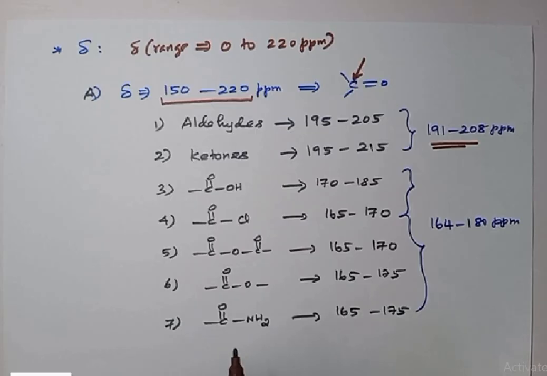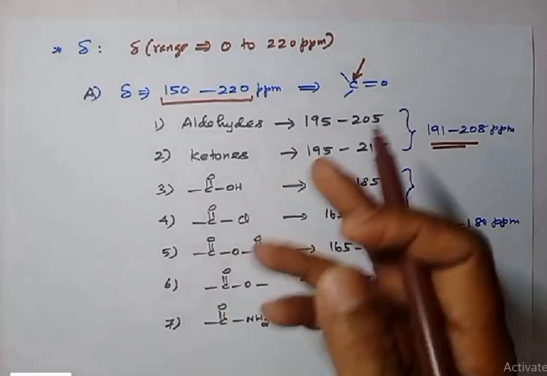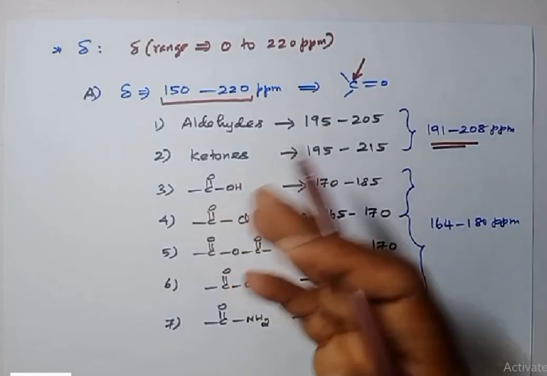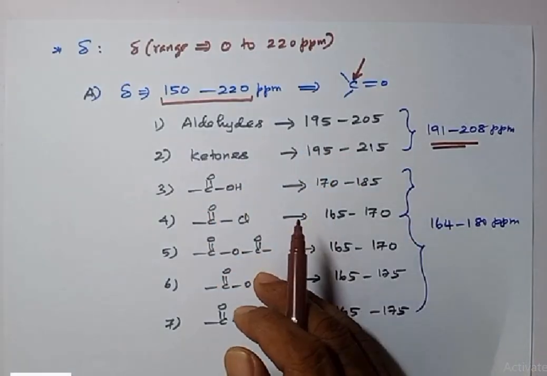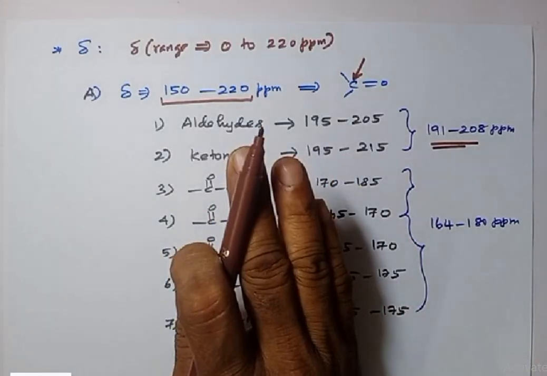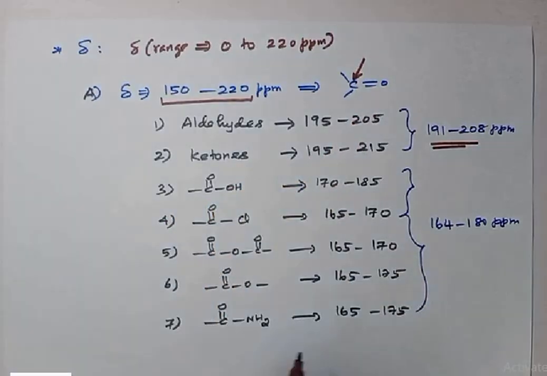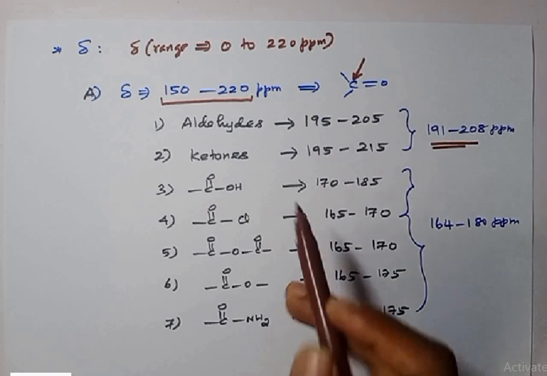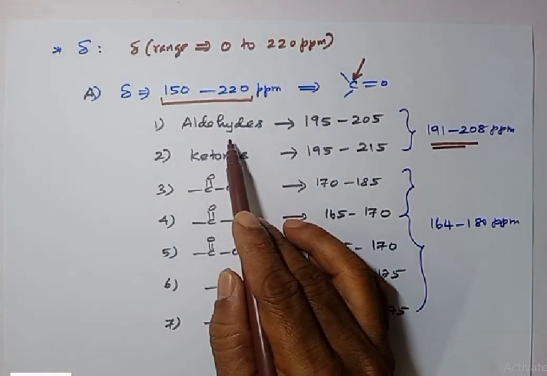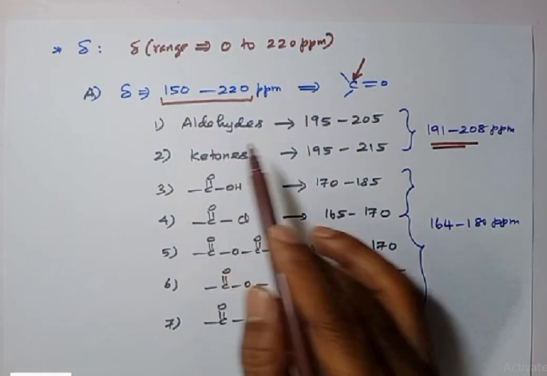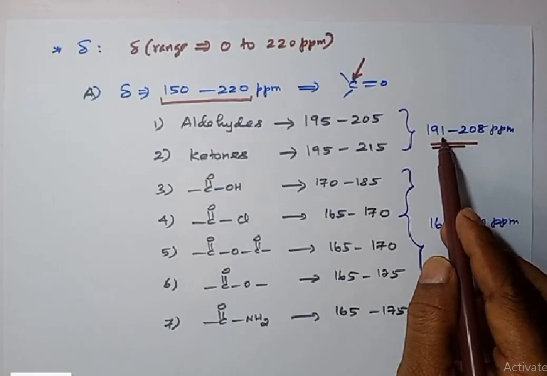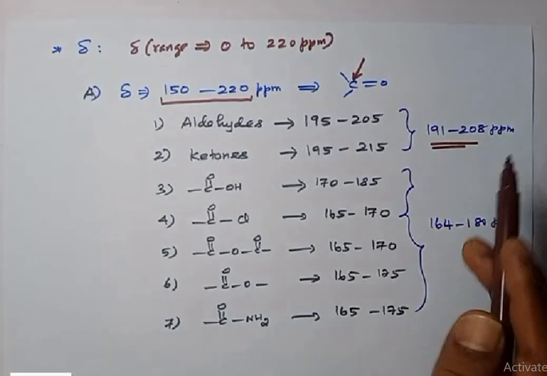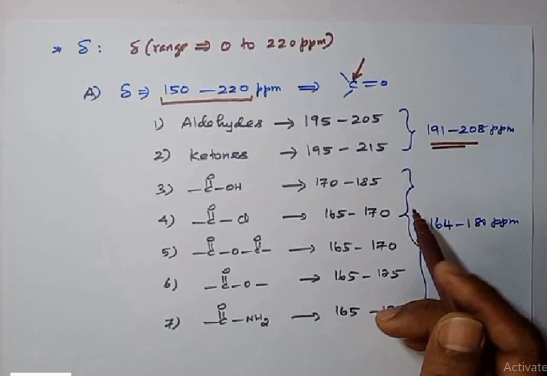Anyway, we'll discuss broadband decoupling and off-resonance decoupling as we go along. I'm just giving you the C13 NMR spectrum point of view. So for aldehydes and ketones, we get a signal from 191 to 208 ppm.